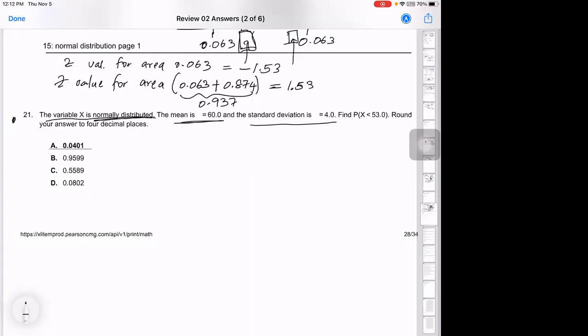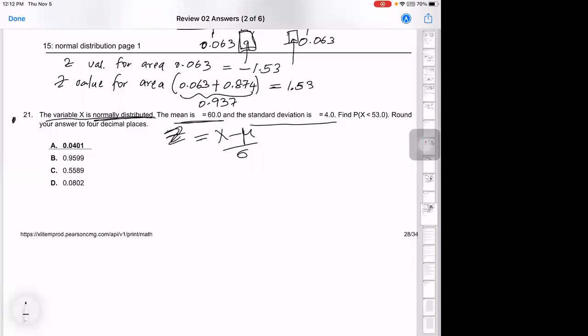Find the probability of x less than 53. X is normally distributed, so you have to convert your x into the standard normal distribution. The standard normal variable we denote by C. Do you remember the equation? C equals x minus mu divided by sigma.